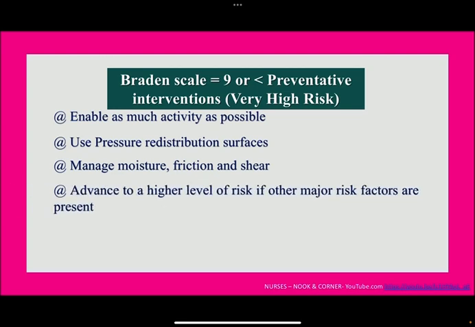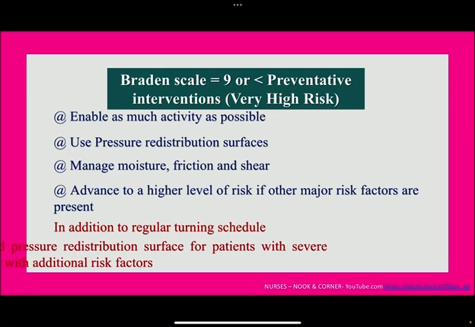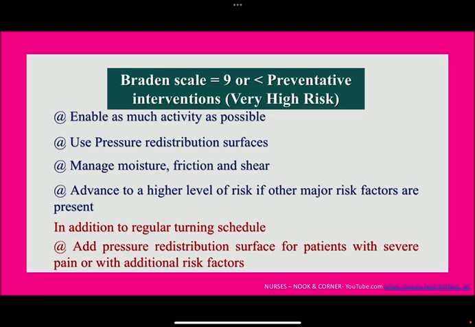Advance to a higher level of risk if other major risk factors are present. In addition to all this, you have to regularly change the patient's position and add pressure distribution surfaces for patients with severe pain or additional risk factors. So if the patient develops very high risk, take care of these things.